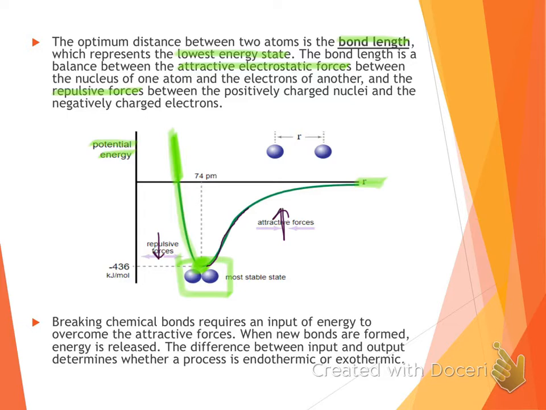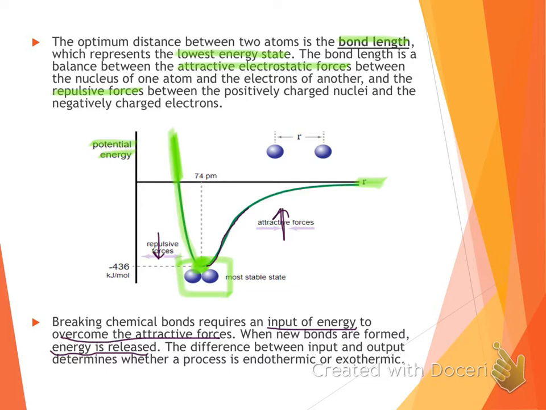When we break chemical bonds, we have to input energy to overcome the attractive forces. It's an endothermic process. But when we form new bonds, energy is going to be released as that new attraction is formed. Energy is released with the new attraction because that's what's going to take us to the lowest potential energy.